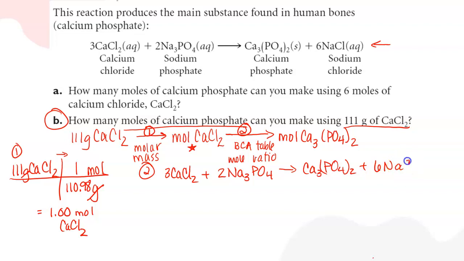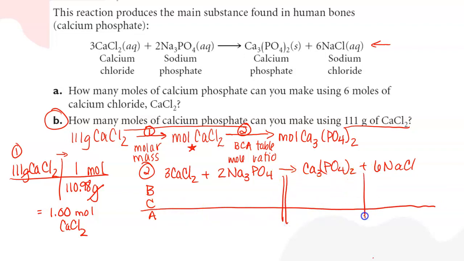I guess the letters as well, because that was special. And then I write my BCA. So I've got my table set up, reminding ourselves that there are no products before, and we assume no reactants after. That will change, but for right now, we're keeping it simple.